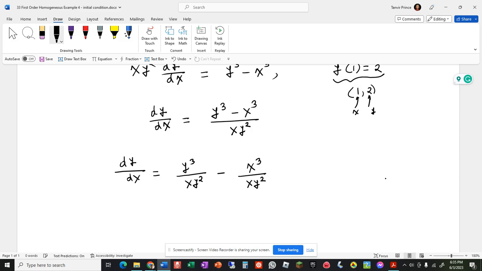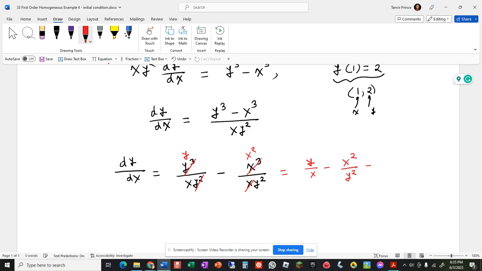So let's simplify. I can cancel out y squared with y cubed and I'm left with y. I cancel with x cubed and I'm left with x squared. So all I have now is y over x minus x squared over y squared.